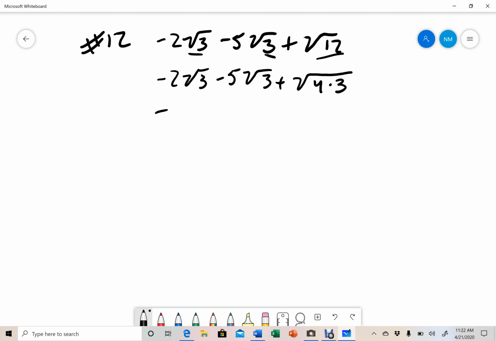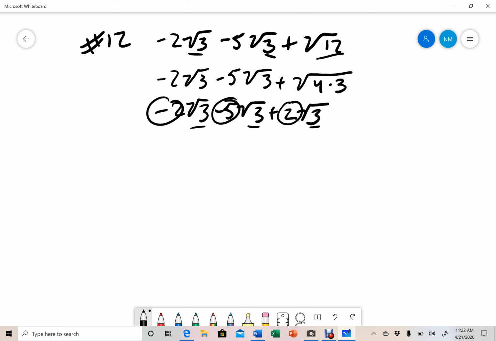Okay, then I would simplify this. So we've got -2 square root of 3 minus 5 square root of 3 plus the square root of 4 is 2, so that comes out, and 3 remains inside. Now that they all have the same radicand, I can add these terms that are outside of my radicand.